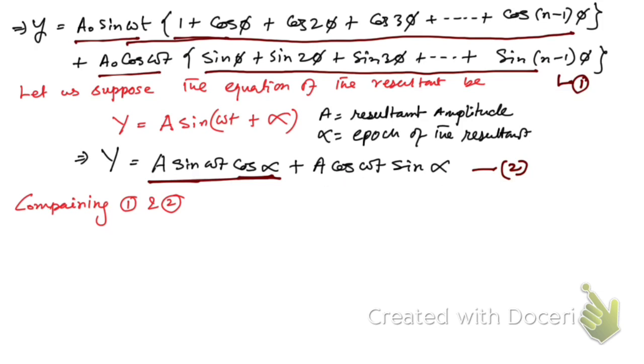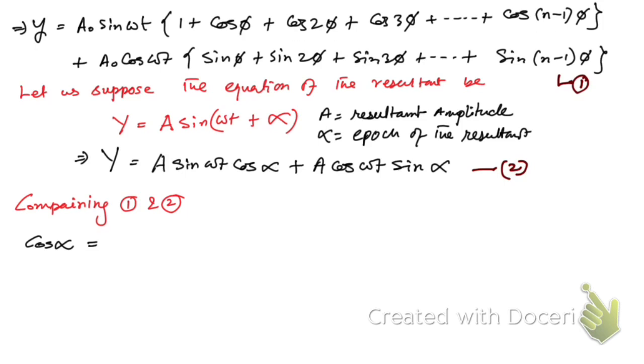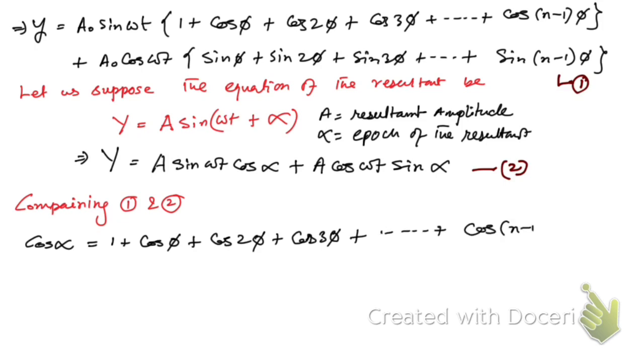So we can write that cos alpha is equal to 1 plus cos phi plus cos 2 phi plus cos 3 phi and so on, up to cos (n minus 1) phi.